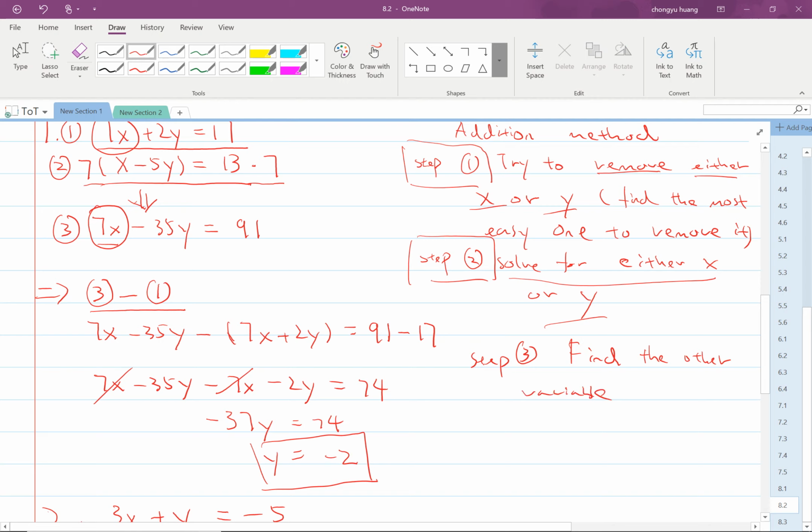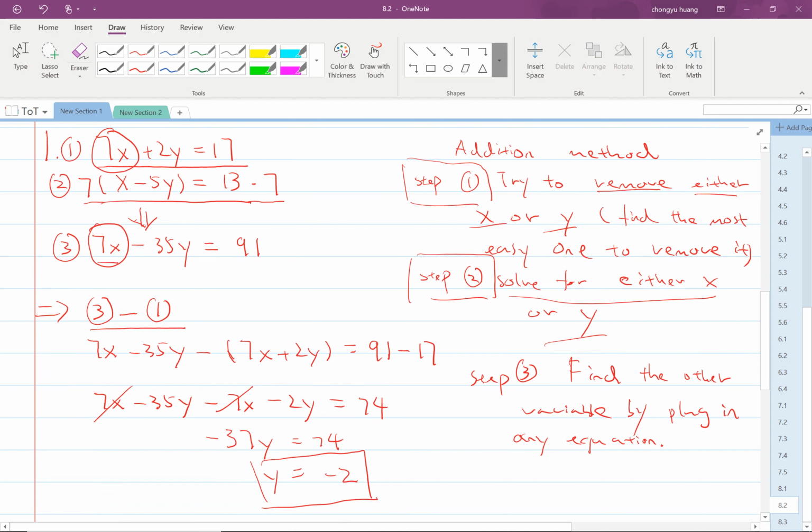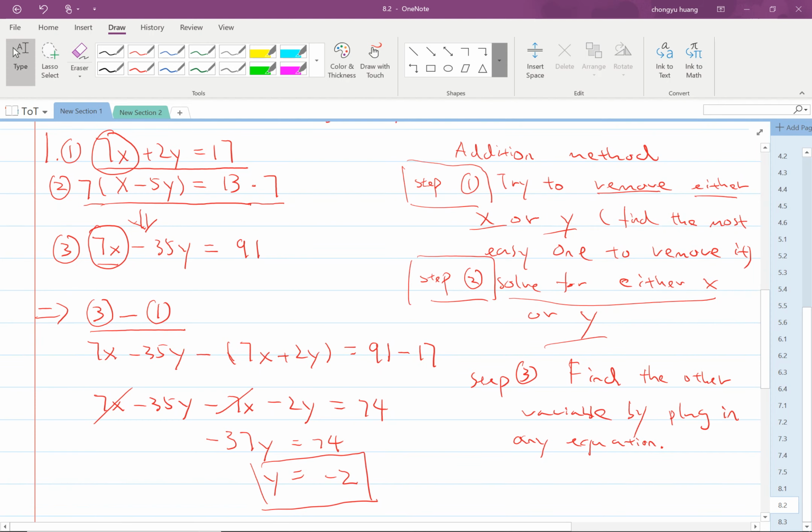Sorry for the writing. Now we found y is actually negative 2. So in order to find x, you basically plug it into any equation.